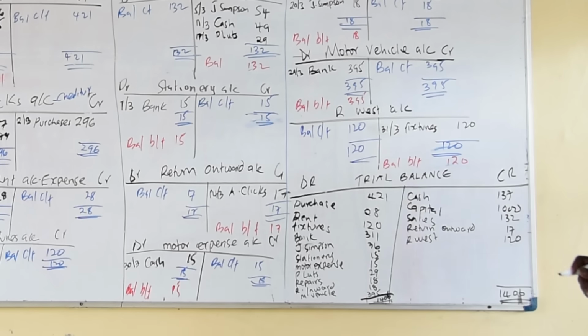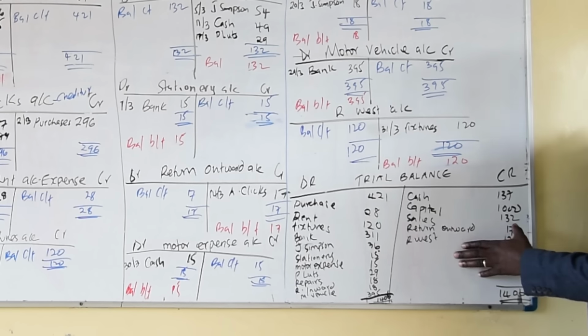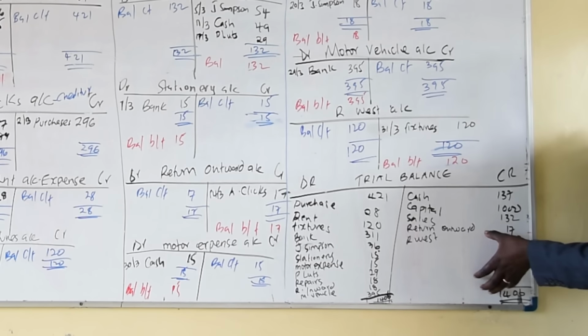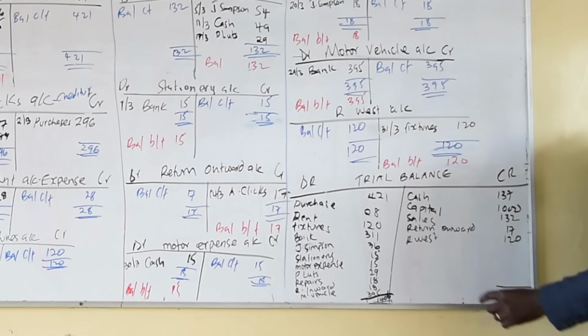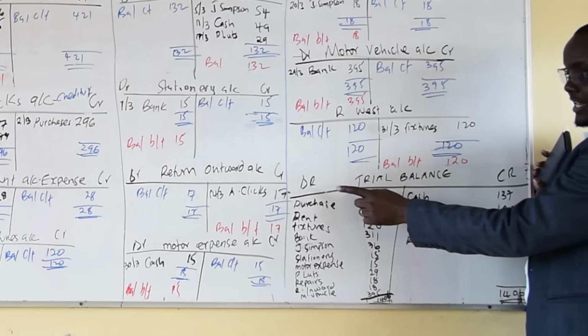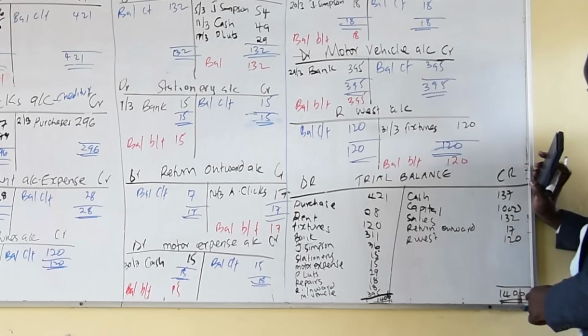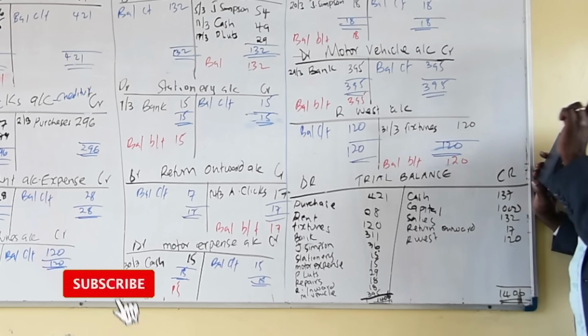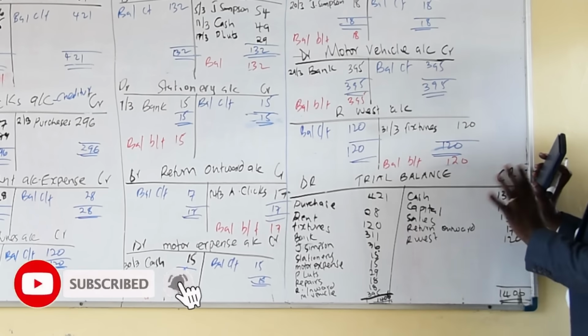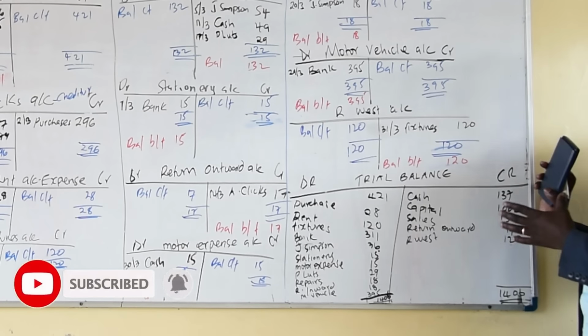Now something to take note. If you have adhered to double entry for the trial balance, the figure on the credit side and the figure on the debit side will be equal. We'll have 1406 and here we have 1406. The two figures should be equal if you have actually adhered to the trial balance.